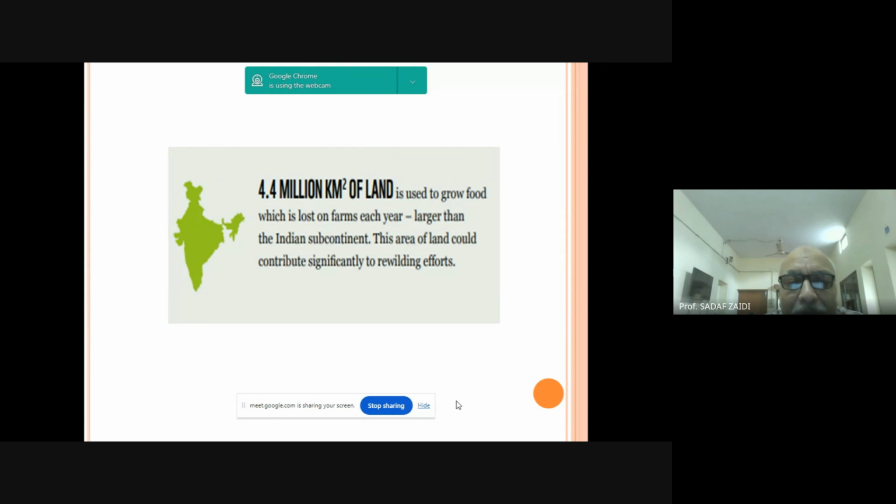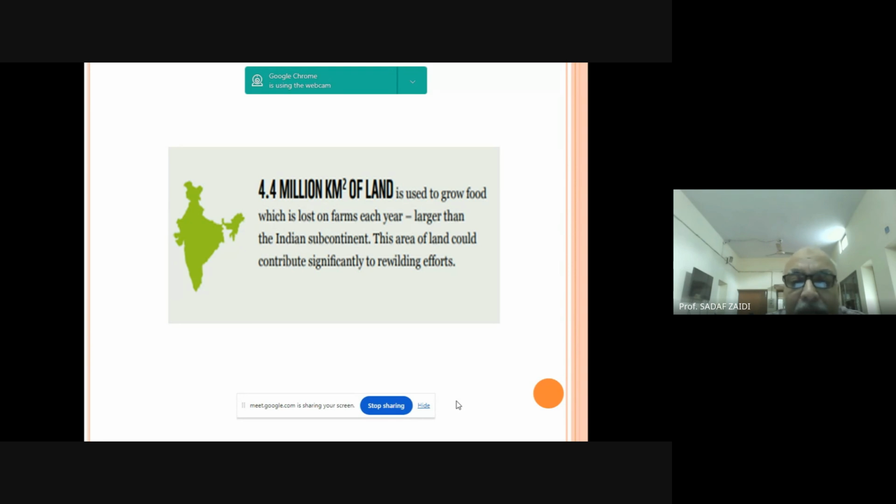Is this clear? Subcontinent means India, Pakistan, Bangladesh, right? All those countries together form the Indian subcontinent. So it is greater than the area of the Indian subcontinent. If you take this and grow food on the entire land of India, Pakistan, Bangladesh, that much food is grown and lost without any trace.